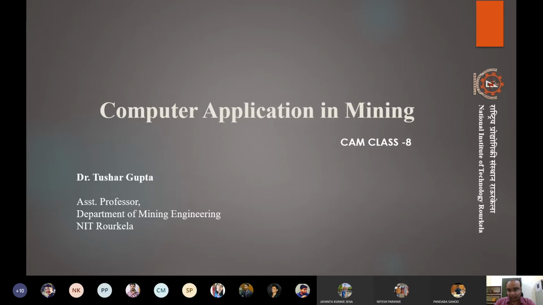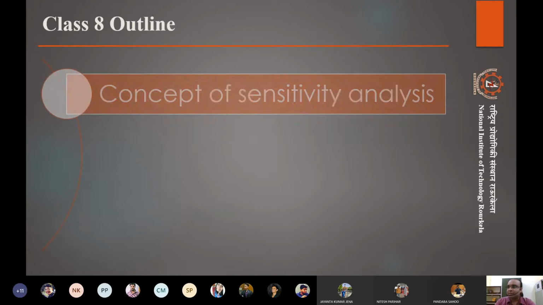There is one concept that I also want you to know, and that is called the sensitivity index. So today what we'll be doing is discussing something called the sensitivity analysis.